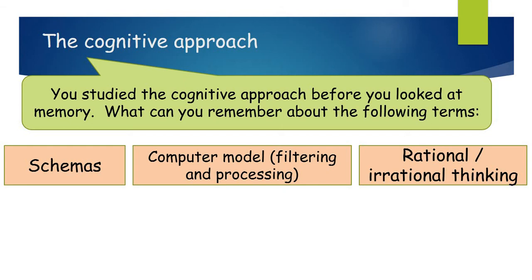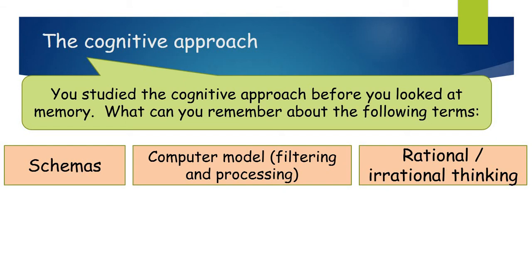Schemas refer to this idea of a packet of information, if you like, preconceived ideas based on your own experience. We have a schema for lots of different things. A good example is your schema for a thief or a robber: you'd often think of someone in dark clothing, with a swag bag maybe. You might go down the stereotypical route.